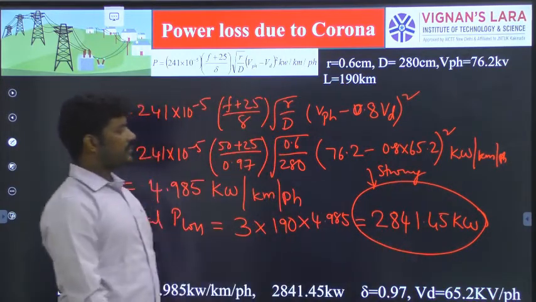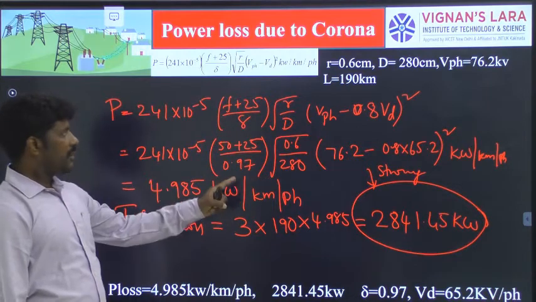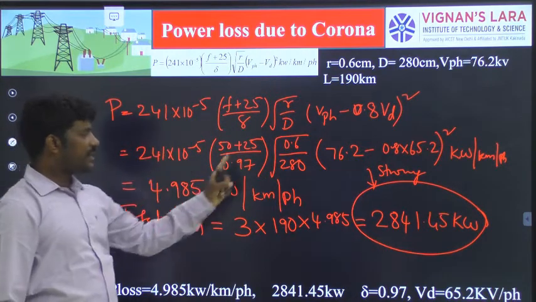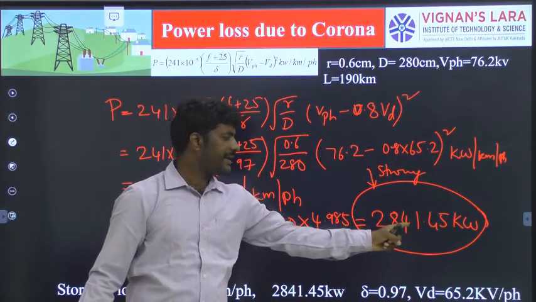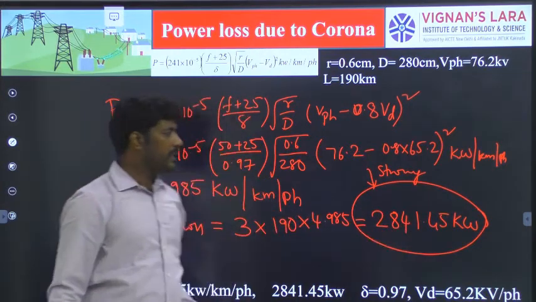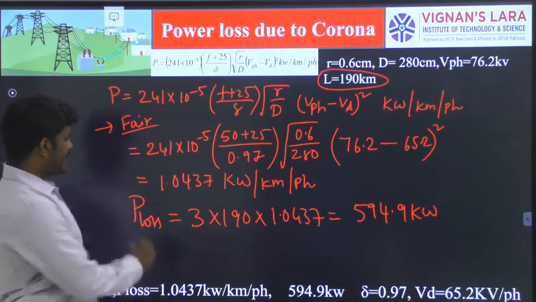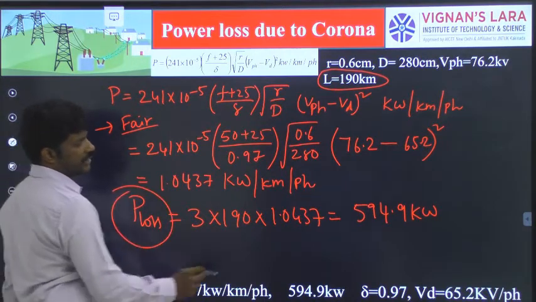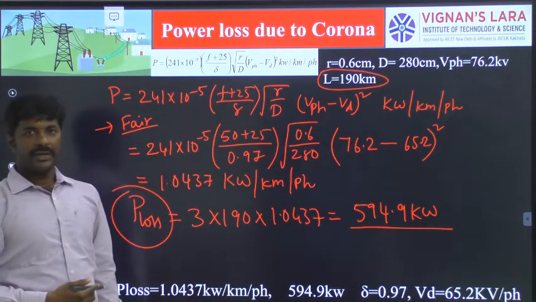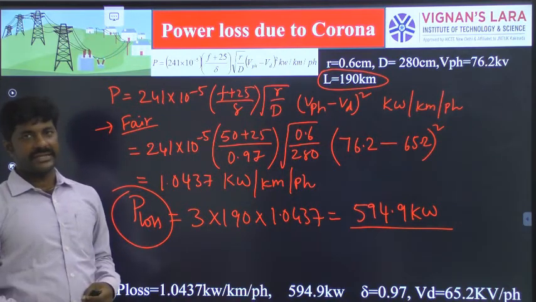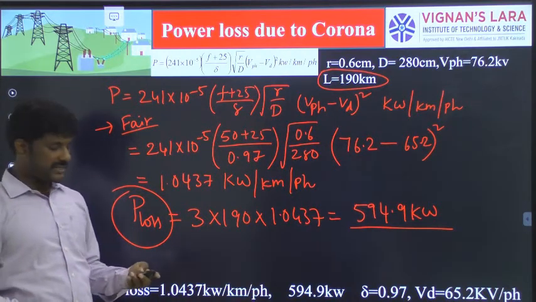So let me conclude today's class. The power loss due to corona under stormy weather conditions is much more, with a value of 2841.45 kilowatts. Previously we calculated the same power loss due to corona as 594.9 kilowatts under fair weather conditions, normal temperature and normal pressure.